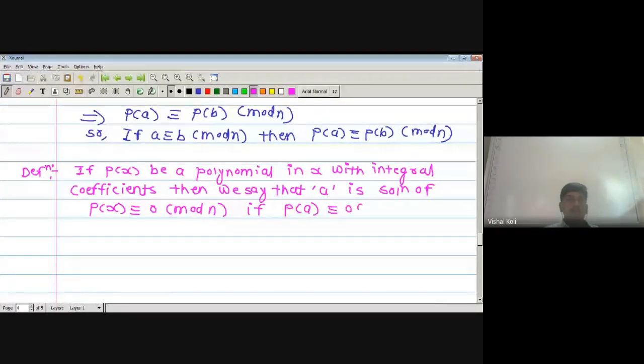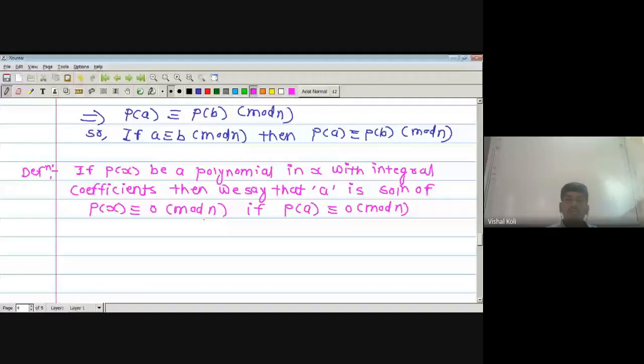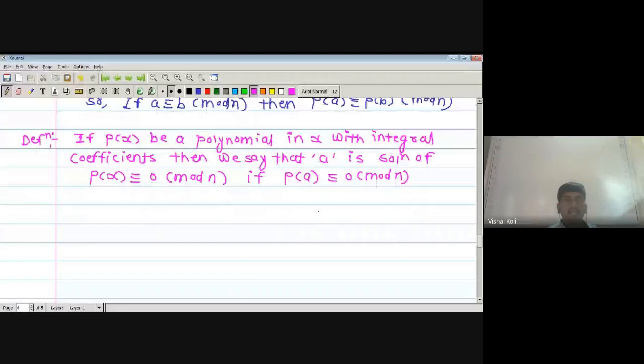Okay, if P of x be any polynomial in x with integral coefficients, and P of A is congruent to 0 modulo n, then we say that A is a solution of this polynomial P of x. Okay, now depending on this definition, we have to see one theorem.